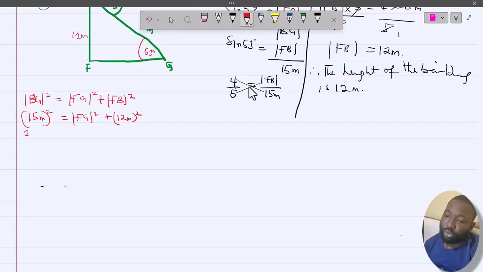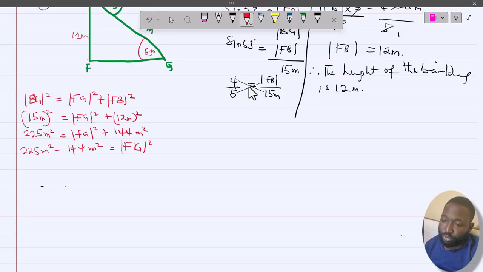Here we are going to have 225 meters squared equals FJ squared plus 144 meters squared. Here 225 m squared minus 144 m squared gives FJ squared. So our FJ squared becomes 81 meters squared.